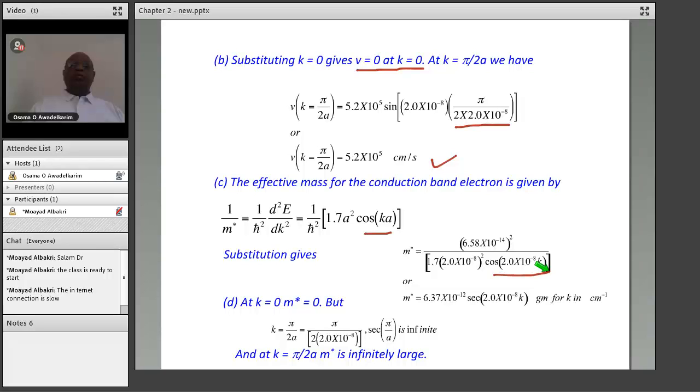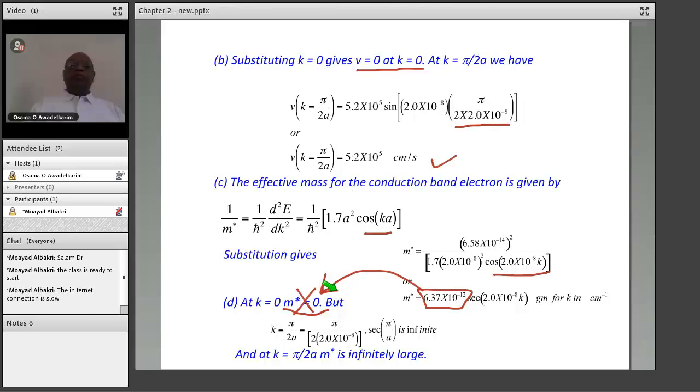Okay, so maybe this is wrong. So m star is not 0. Actually, m star is equal to 6.37. Okay, so mass, that's in joule. Because the sec of 0 is equal to 1.